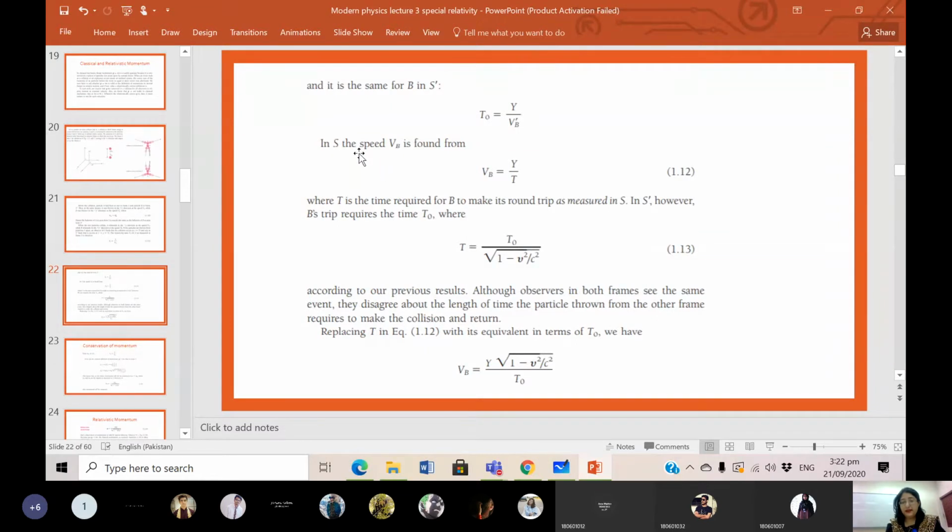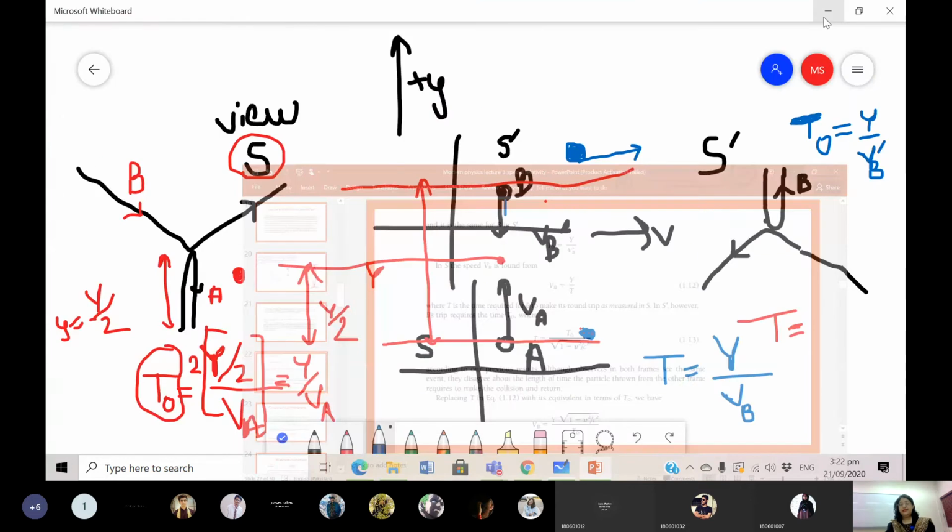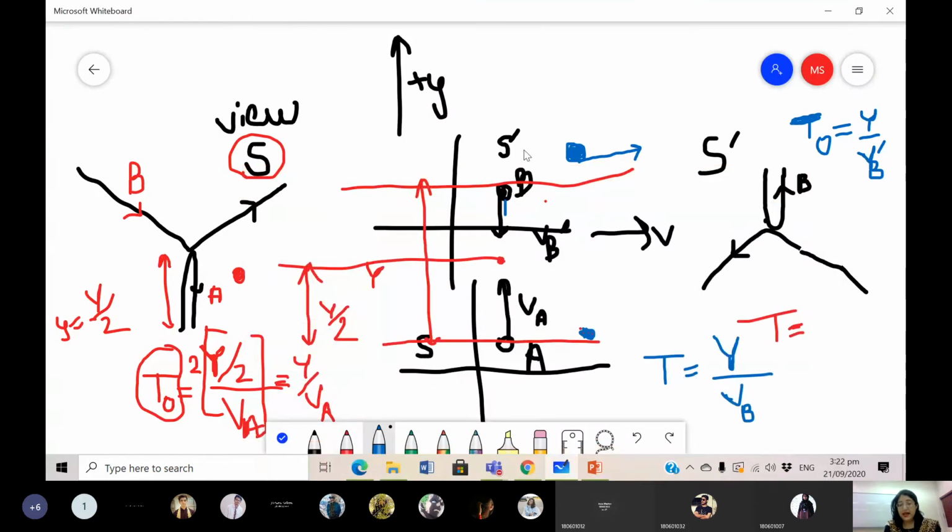Remember I said that B's velocity in S dash frame is given by VB dash? That's why we use VB dash to calculate its proper time.